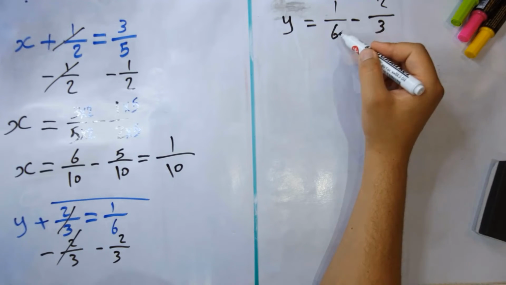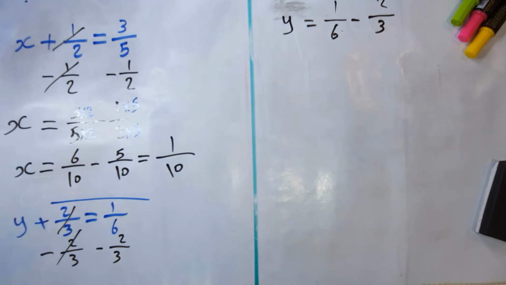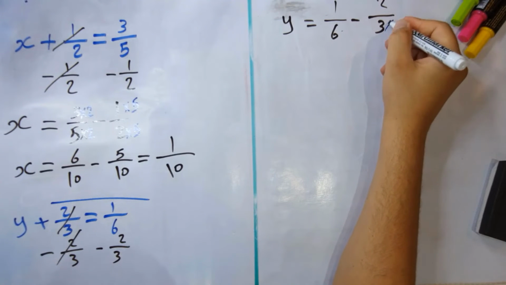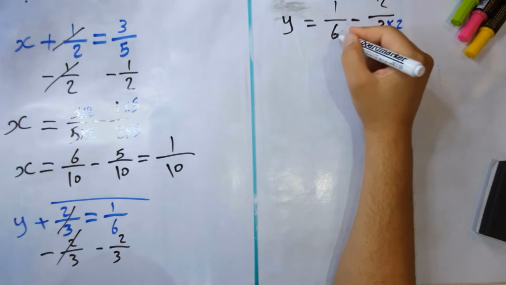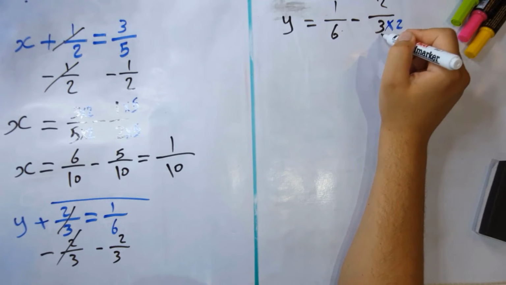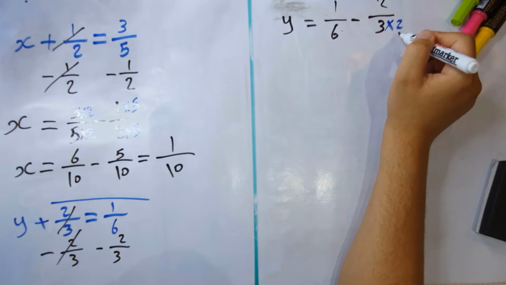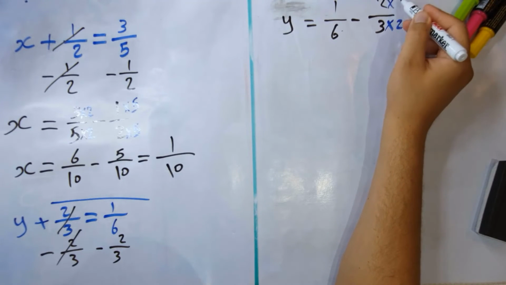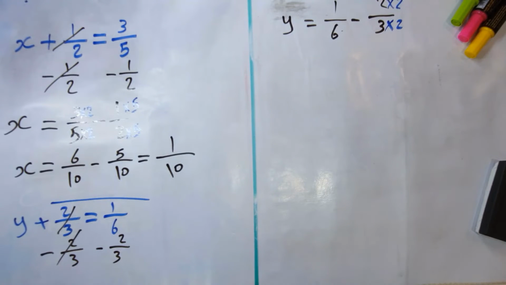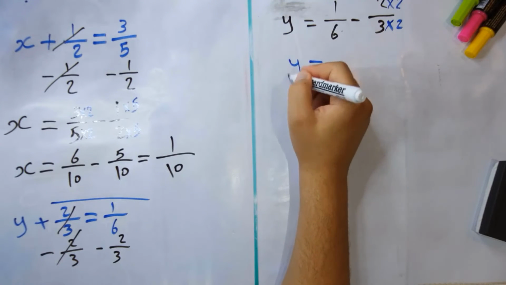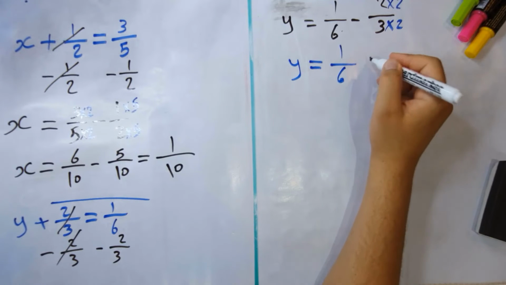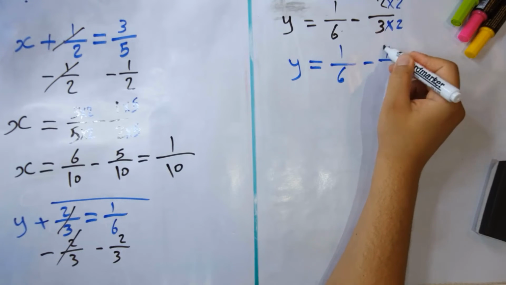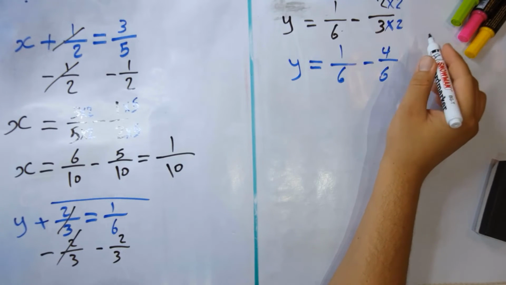Can you make 3 become 6? Yes, we can multiply it by 2, because 3 multiplied by 2 is equal to 6. If you multiply down, you should multiply up in the same fraction. Then we can set y equal 1/6 minus 2 times 2 is 4 and 2 times 3 is 6.